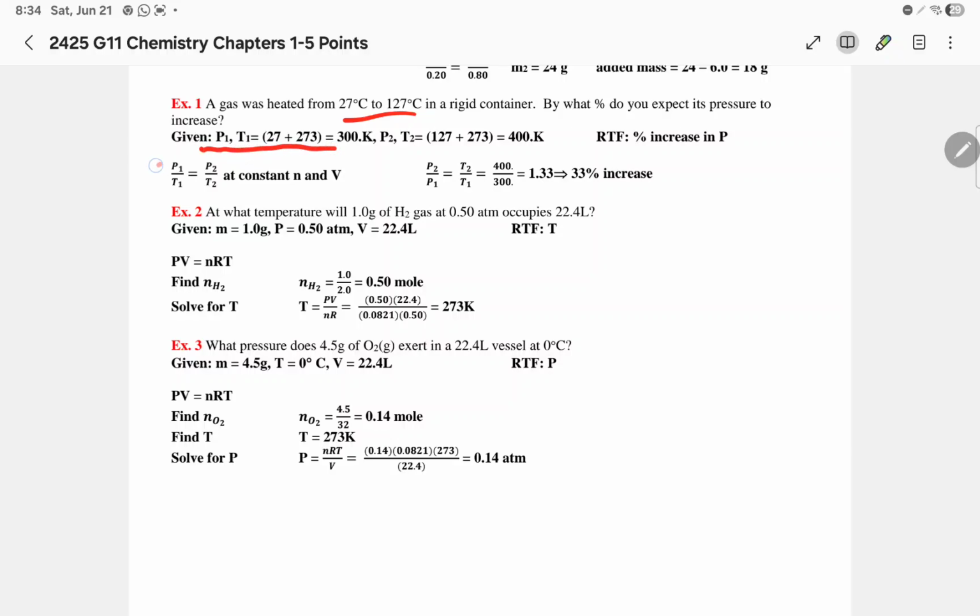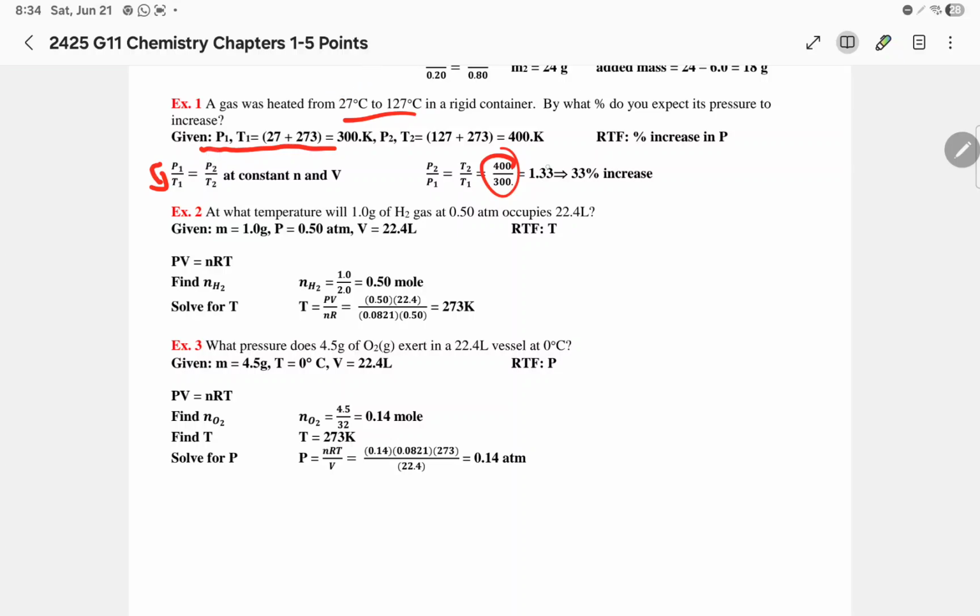Since P1 over T1 are constant, they're both gonna be equal to 300. And these are both gonna equal 400. So your constant is gonna be 400 over 300, which is 1.33.